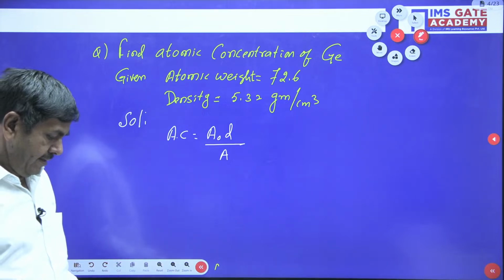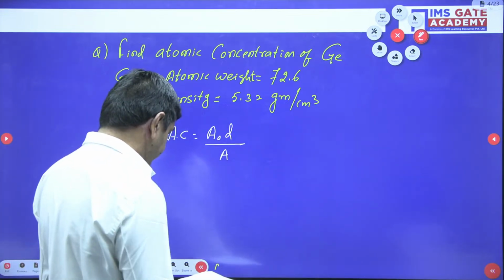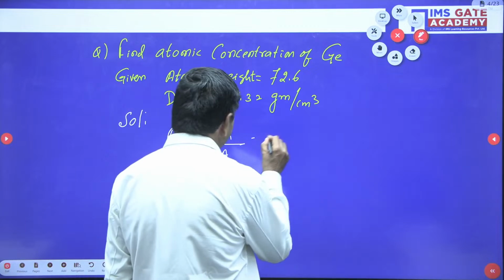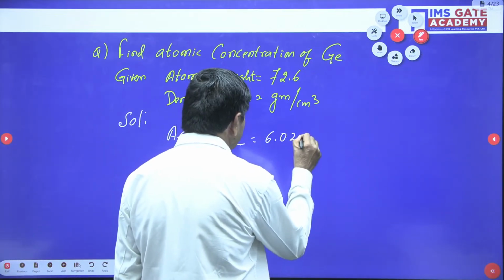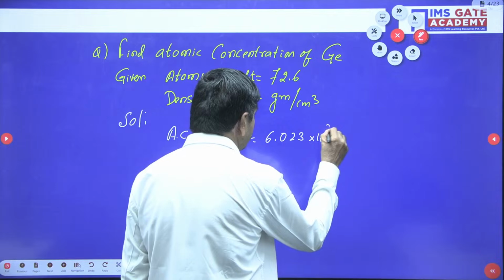A naught is, as you know very well, 6.023 into 10 power 23.